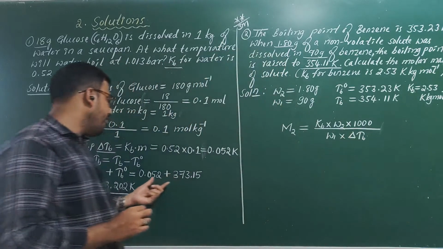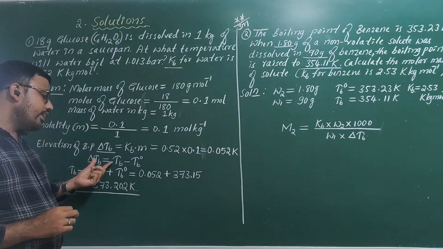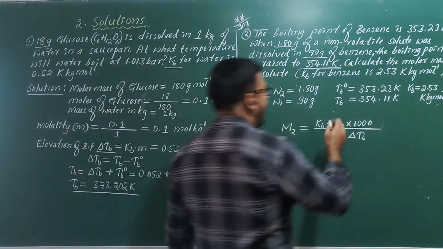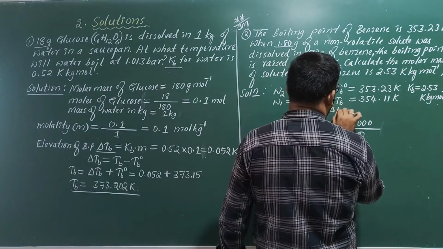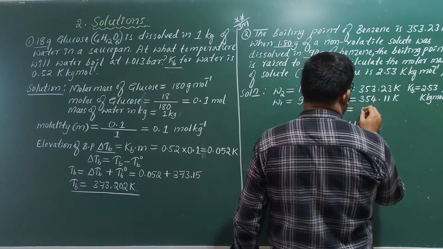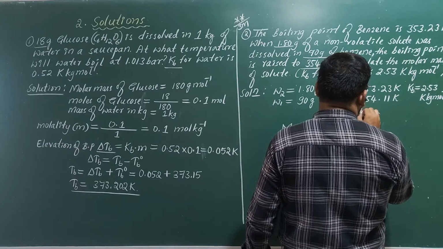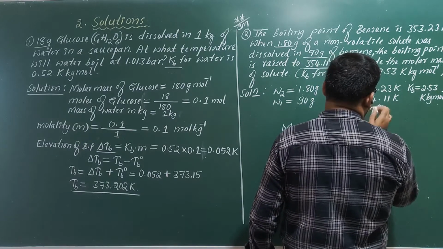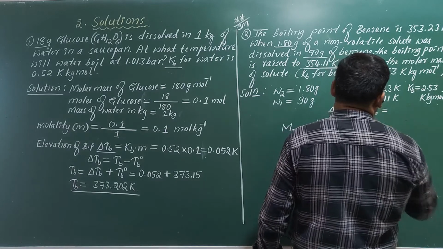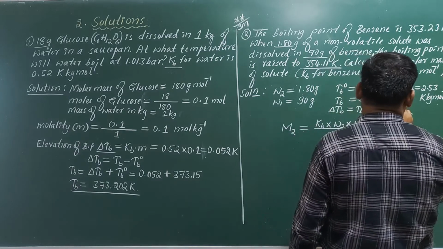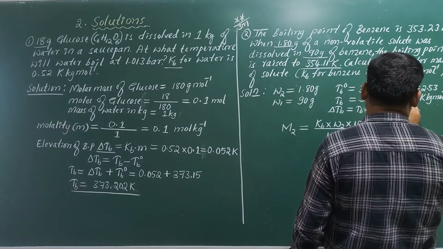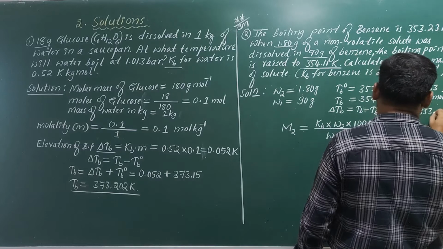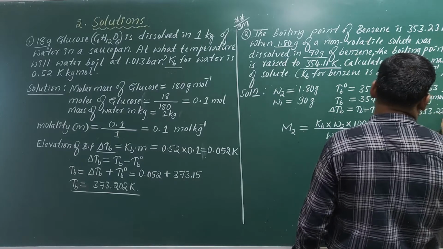So here also we follow the same. Delta TB is equal to TB minus TB naught. So I will calculate it here: delta TB is equal to TB minus TB naught, that is equal to 354.11 minus 353.23.